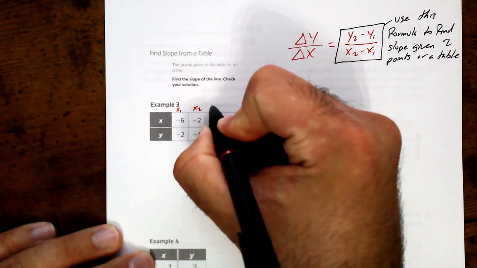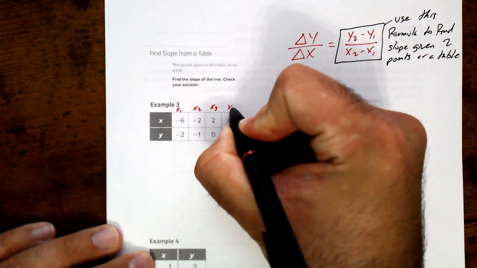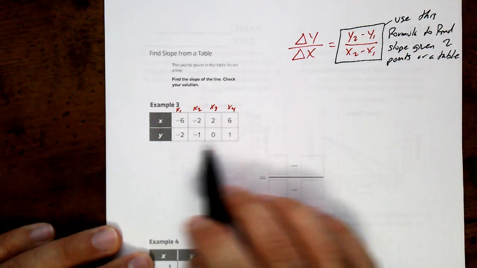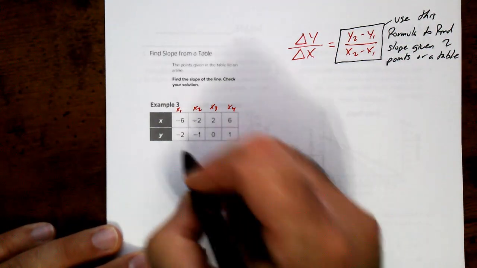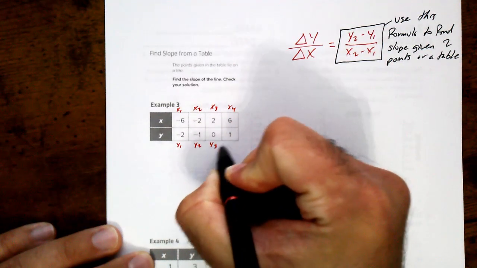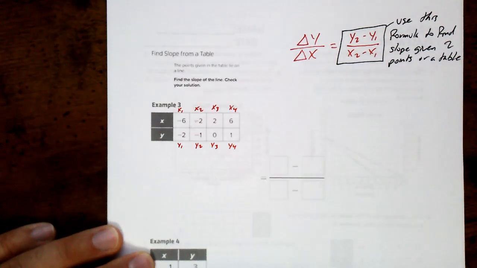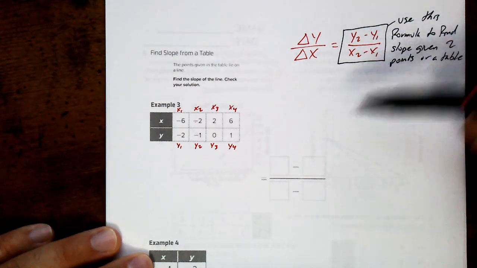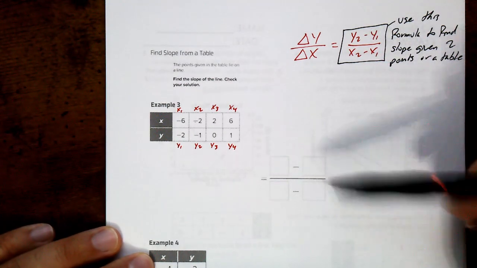The third x is x3. The fourth one is x4. The y's are going to follow that same pattern. y1, y2, y3, y4. We're going to use this formula exactly like it says and plug it in right here.